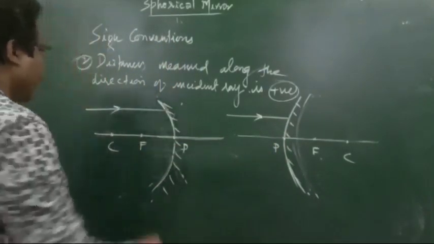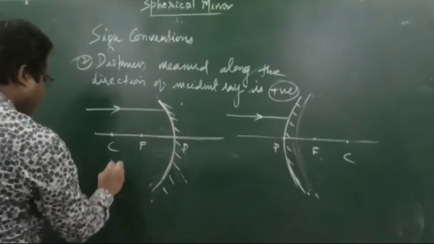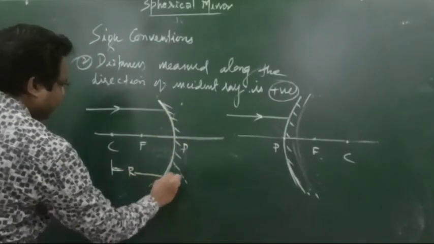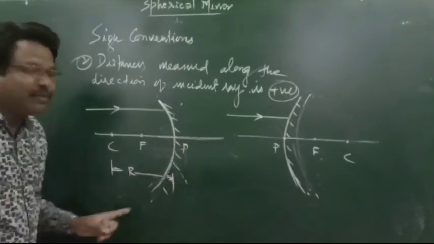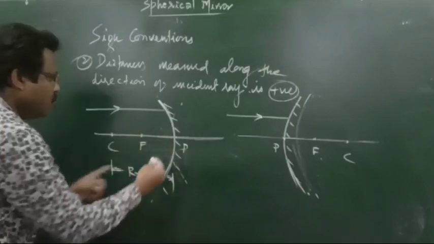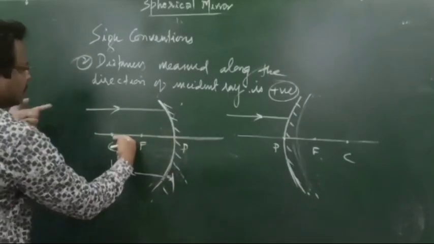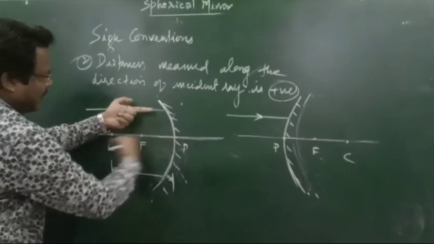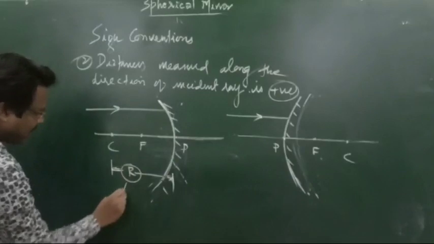Now in case of a concave mirror, when you measure the radius of curvature, which is the distance between the center and the pole, you measure it from pole to center of curvature this way, which is opposite to the incident ray. So this should be negative.